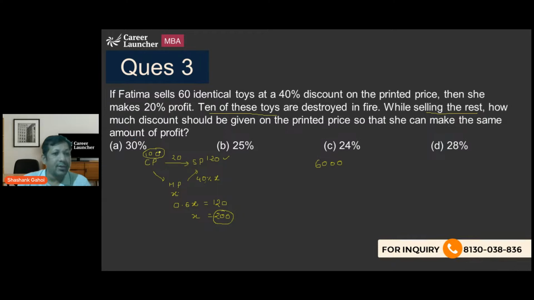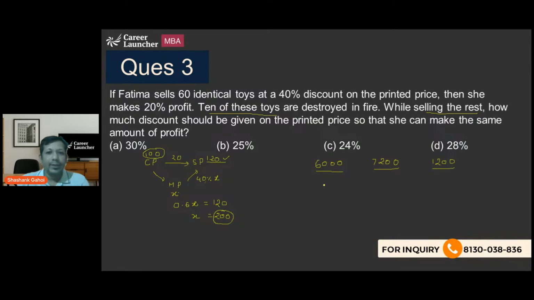For one toy, it is 100. So for 60 toys, it's 6,000. What is the total selling price? That is 120 into 60, I would say 7,200, right? She was supposed to buy at 6,000 and sell it at 7,200. So her profit amount was supposed to be 1,200.